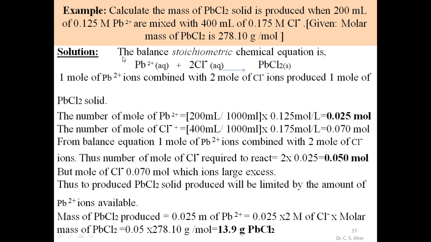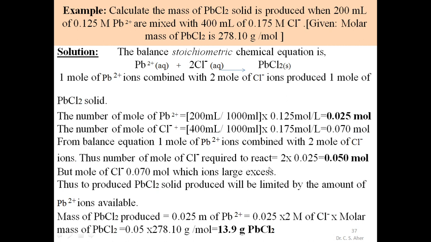The lead ions are in limited proportion, that is 0.025. When we double it, this value is 0.05 moles. This much quantity of chloride ion combines with lead ion to produce product. The remaining part, that is 0.02 moles of chloride ions, is present in excess in the solution and does not combine.